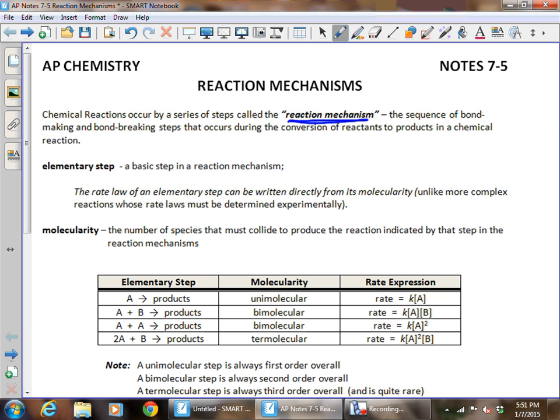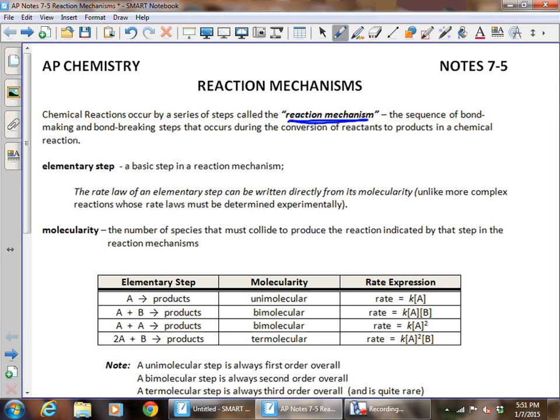If that reaction caused some kind of fatal medical condition, and it all hinged on this one reaction occurring in the body, and if you knew the reaction mechanism, maybe there was a step in there that you could provide a medication or an inhibitor for, and you could cause that reaction to stop in its tracks, and that person would be saved. Well, that would be worth spending that time on. So it's very important for us to determine reaction mechanisms for many different kinds of chemical reactions.